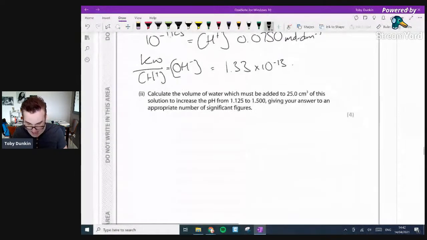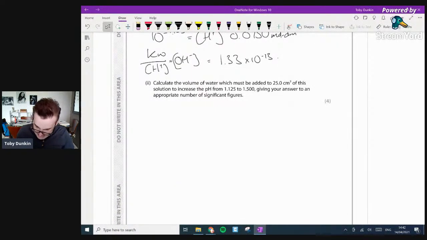Calculate the volume of water that must be added to 25 centimeters cubed. So this is C1V1 equals C2V2. This is a dilution question. It says calculate the volume of water which must be added to a 25 centimeter cubed solution to increase the pH from this to this.